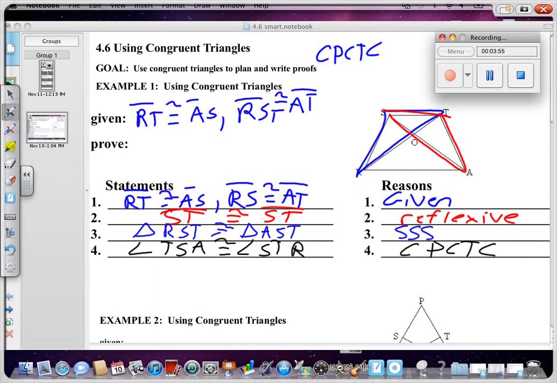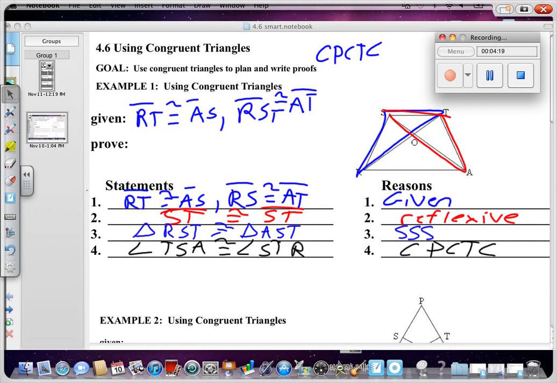Now there's going to be some of you that are going to want to use CPCTC to prove that triangles are congruent. You can't do that. You have to already have congruent triangles, and you're proving the angles are congruent. Is CPCTC a theorem or a postulate? I believe it's a theorem, and I believe it's in the back of your book.